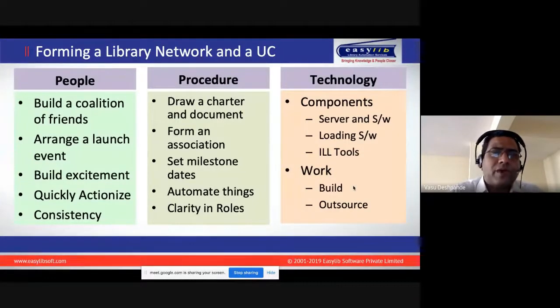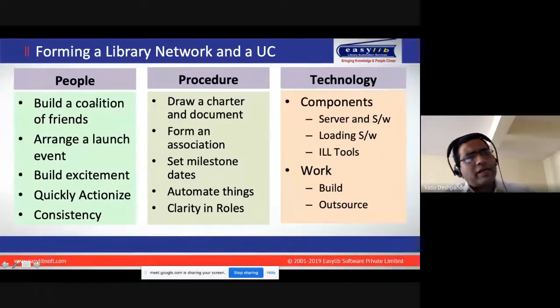Suppose you have formed an association, okay, Dr. Vishala Madam is there, so you're forming, let's say, a Mangalore Library Association or a certain group library association. The entire part, building a coalition, arranging the launch, excitement, all that can be done by your team. Only when it comes to technology, you can consider outsourcing. So that's another method to look at it.